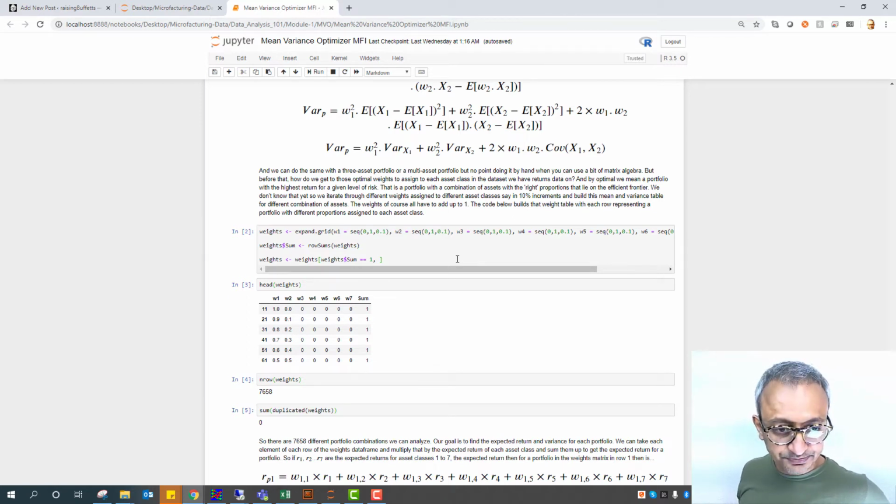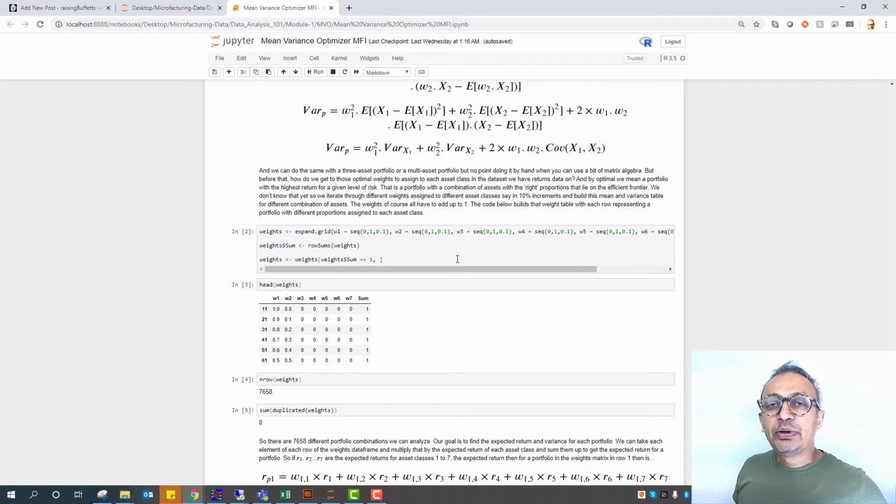But before that, how do we get to those optimal weights? How do you know that you want to put 0.62 in this and 0.38 in the next asset class, if it's a two asset class portfolio?